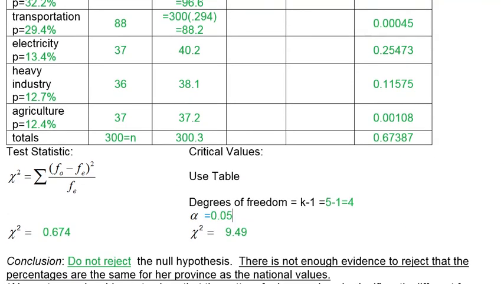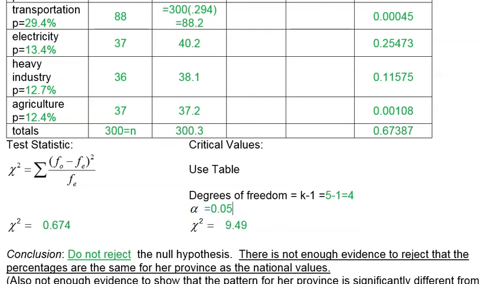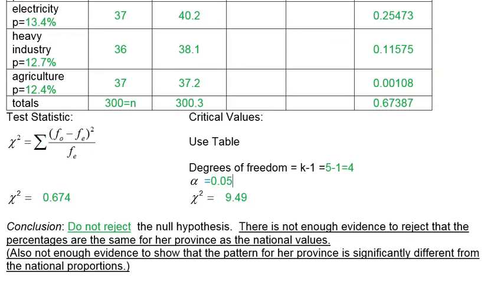There's not enough evidence to reject that the percentages are the same for her province as for the national values. The way this question was worded, you could have also said there's not enough evidence to show that her province is significantly different. Ultimately, on these questions, we're concluding they are different or they're not significantly different, right? So if they're not significantly different, it's kind of the same as saying they're the same.